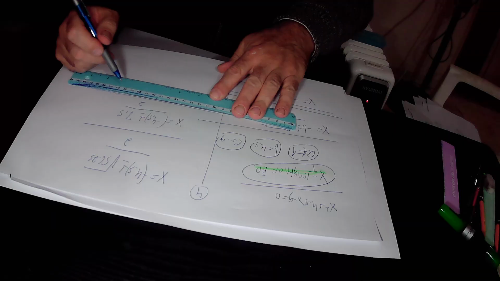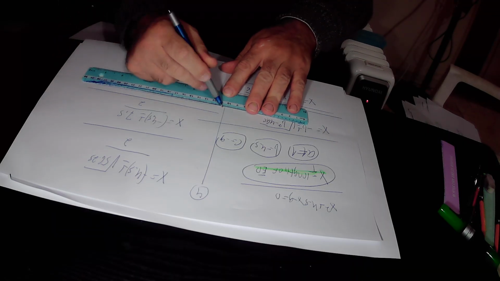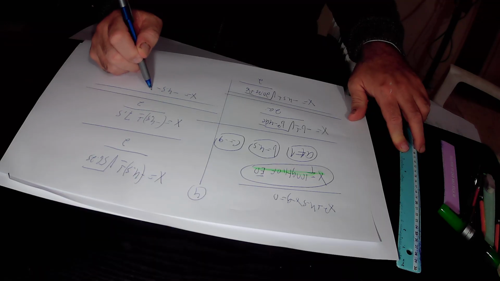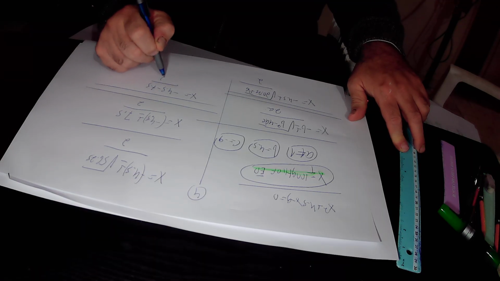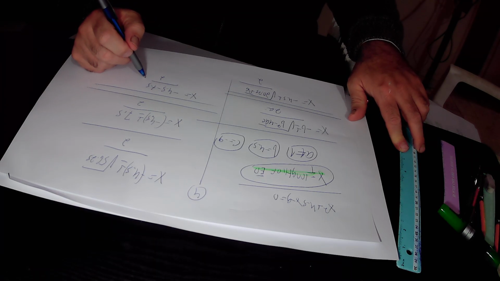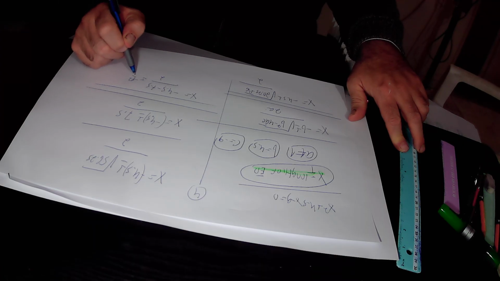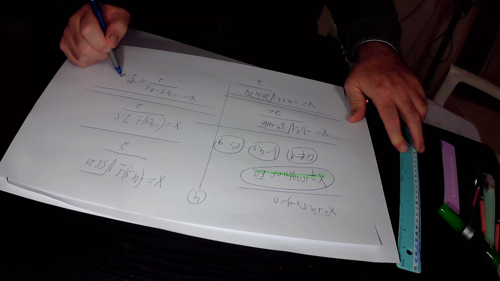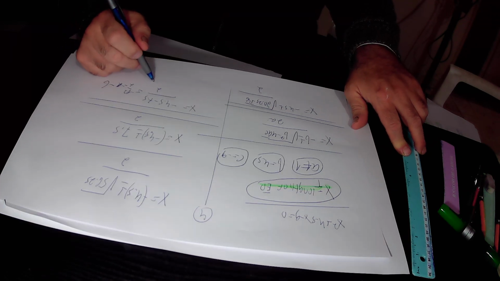The first solution for x is as follows. x equals minus 4.5 minus 7.5 over 2. Minus 4.5 minus 7.5 is minus 12 over 2 is minus 6. So we found out that x equals minus 6.